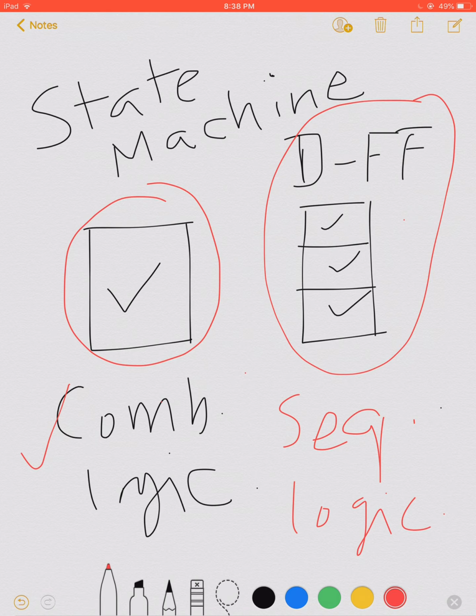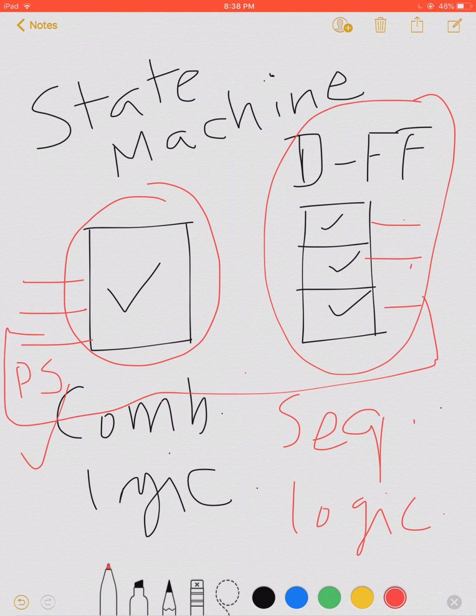Many D flip-flops you may need. How many D flip-flops you need? It is determined by the number of states your system has. The inputs to the combinational logic are the present states that come from the D flip-flops, and these are all fed to the combinational logic.